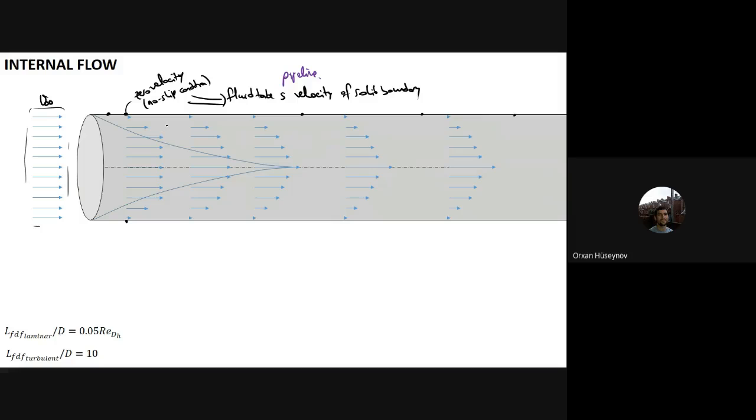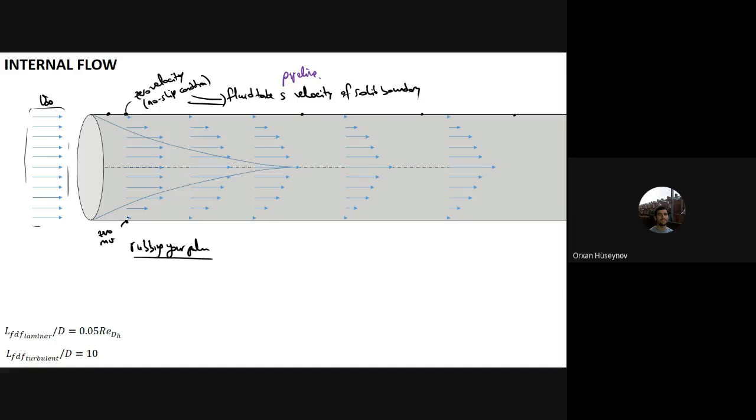This no slip condition affects the layers of the fluid flow. You can think of this as rubbing your palms. When you rub your palms against each other, the momentum of one affects the momentum of the other. Here you have zero momentum.